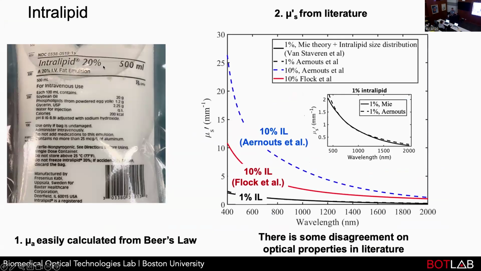You can calculate mu A based on that. But you're assuming the vast majority of volume in intralipid is just water and lipid. There are some proteins in intralipid, but a very small percentage. Typically, is it acceptable to ignore the proteins in the intralipid? Is it still accurate? It depends on how much accuracy you need for what application, but we tend to ignore the contribution from protein.